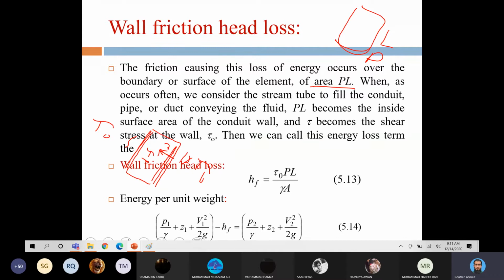So tau is a general shear stress, used to represent the variation of shear stress within the pipe at any distance away from the wall, whereas particularly the shear stress at the wall would be represented as tau naught. So the wall friction head loss becomes tau P.